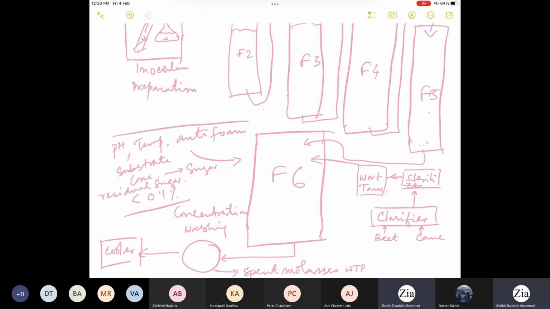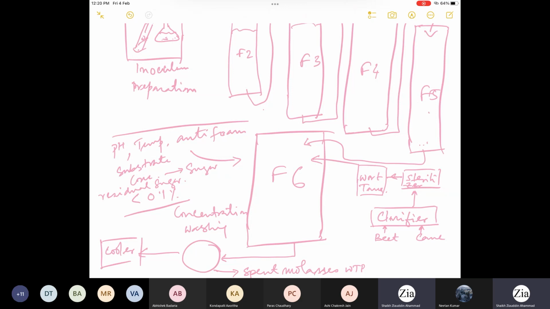And in different tanks, when you generate the inoculum, you use corn steep liquor, or sometimes a mixture of molasses like beetroot molasses and cane molasses, and then you ferment it.